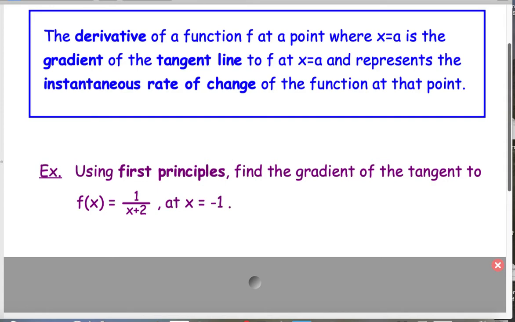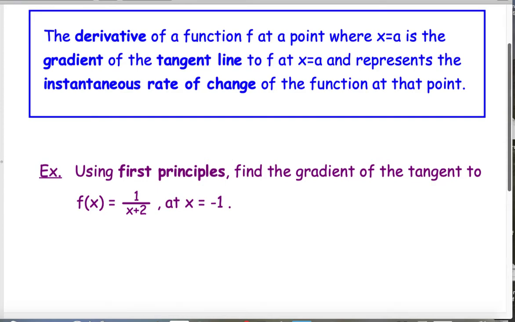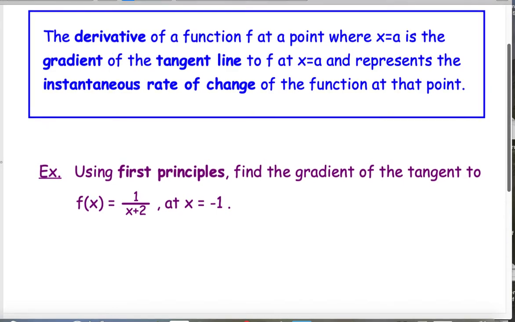So let's practice a few examples using first principles. Now, what do I mean by that? Well, that means we're going to use the limit as h approaches 0 of f of a plus h minus f of a all over h.